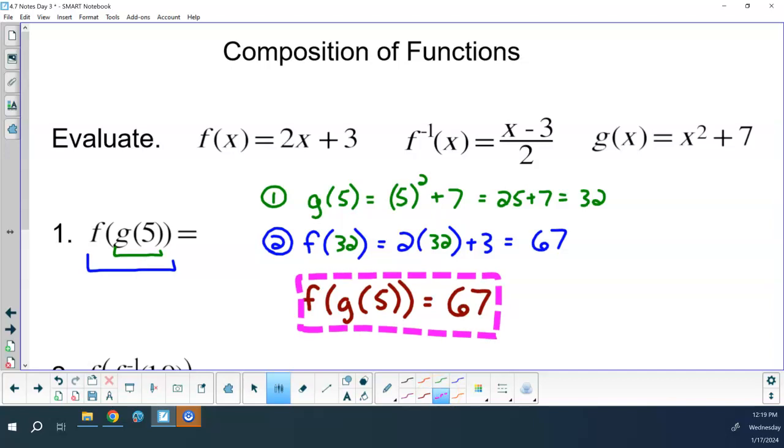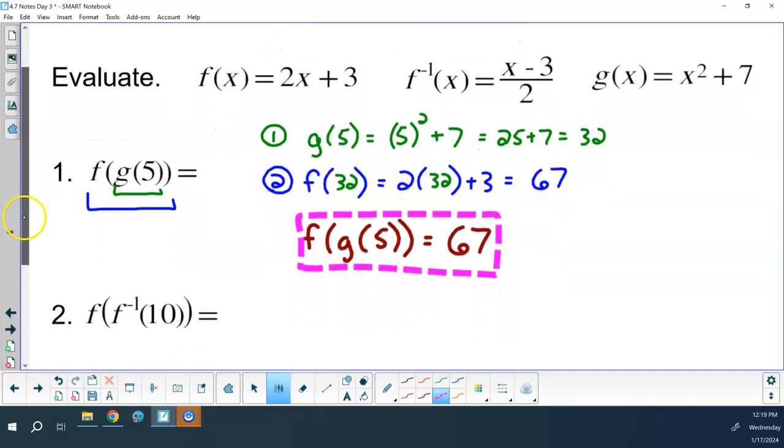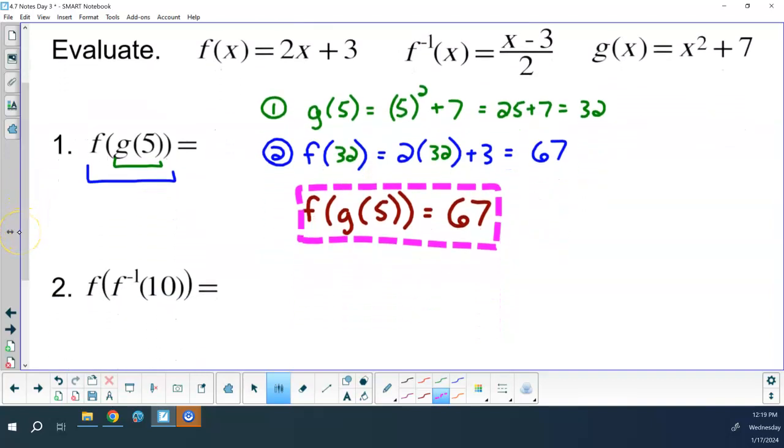Okay? You find me now f of the inverse of f of 10. Cool.